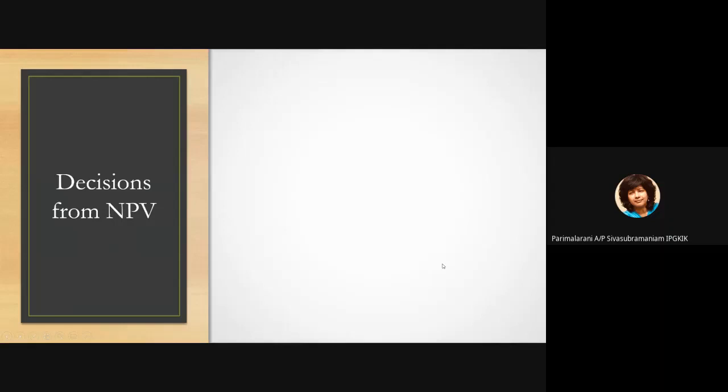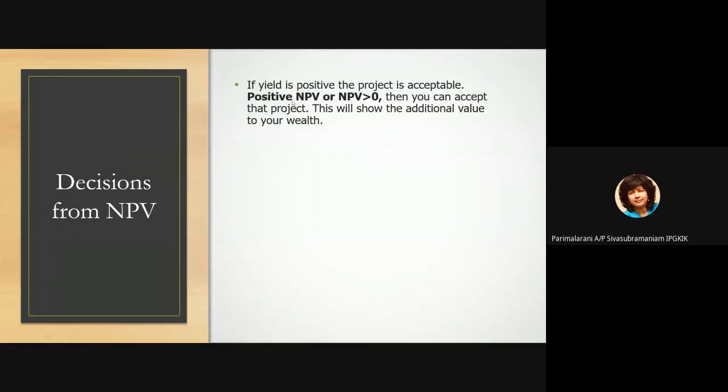Okay, decisions from NPV. Once you calculate the NPV, what do you do? If the yield is positive, whatever amount of money that you get, that's the yield. If it is positive, that means the project is acceptable. In other words, if NPV is greater than zero, anything more than zero is positive, then you can accept the project.